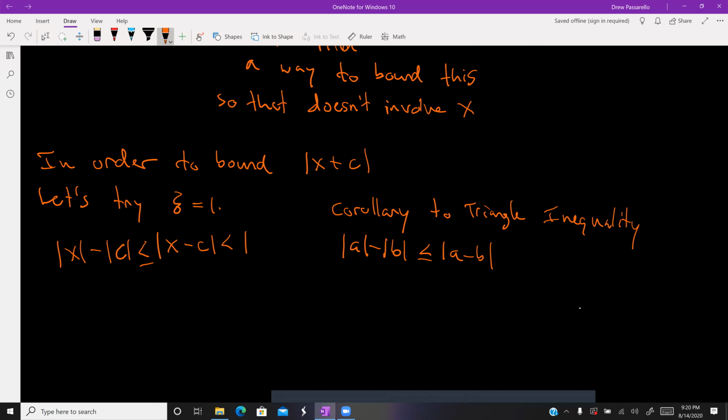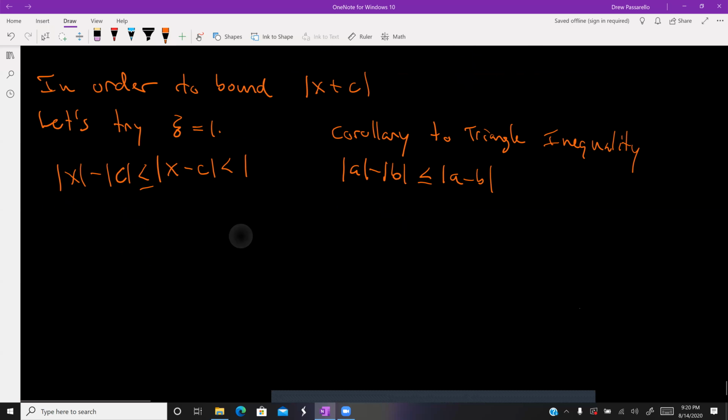All right, so then what is that going to do? Then we can say the absolute value of x is less than 1 plus the absolute value of c. Okay, because we could add c.